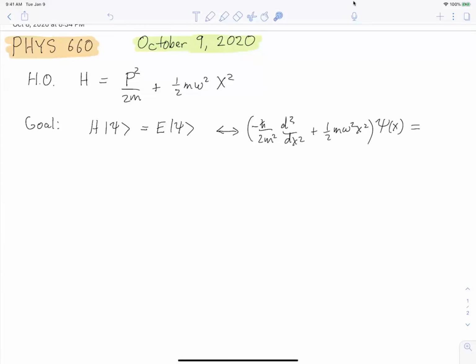Okay, and that's because the derivative operators act on wave functions, not on kets. That's supposed to equal the energy eigenvalue that we're also solving for.